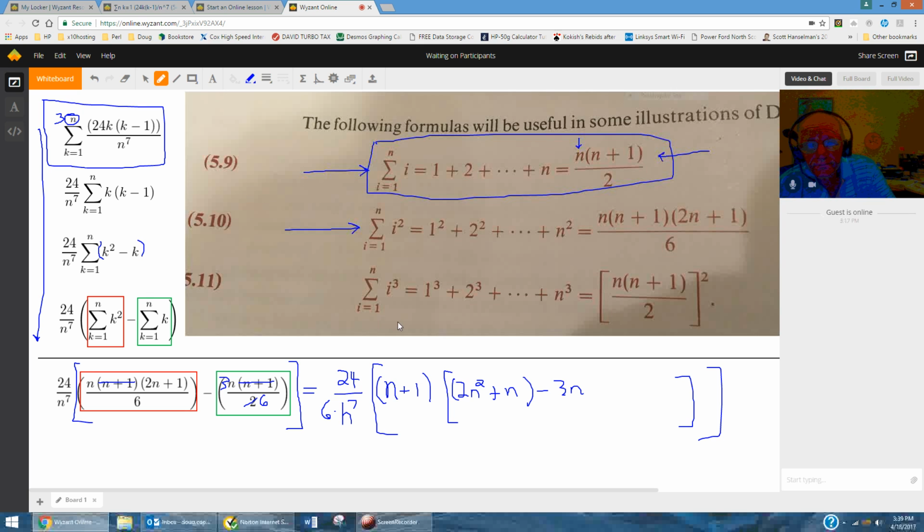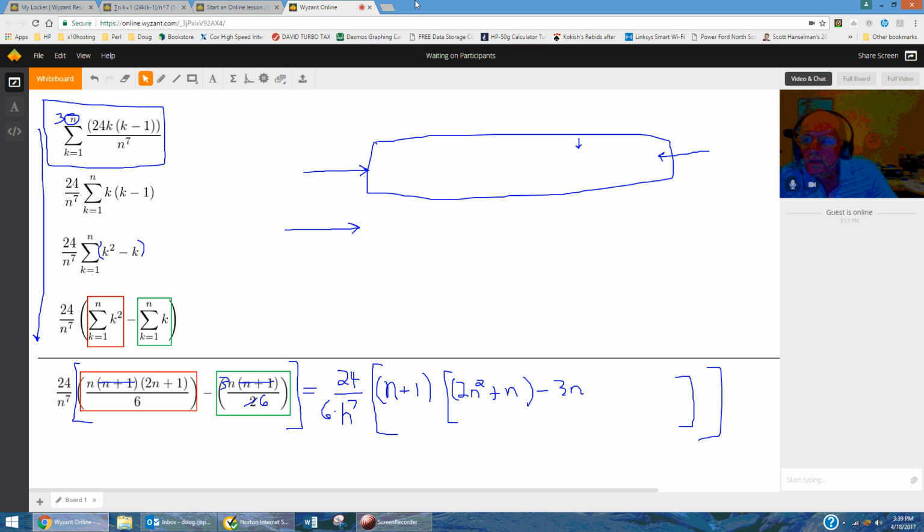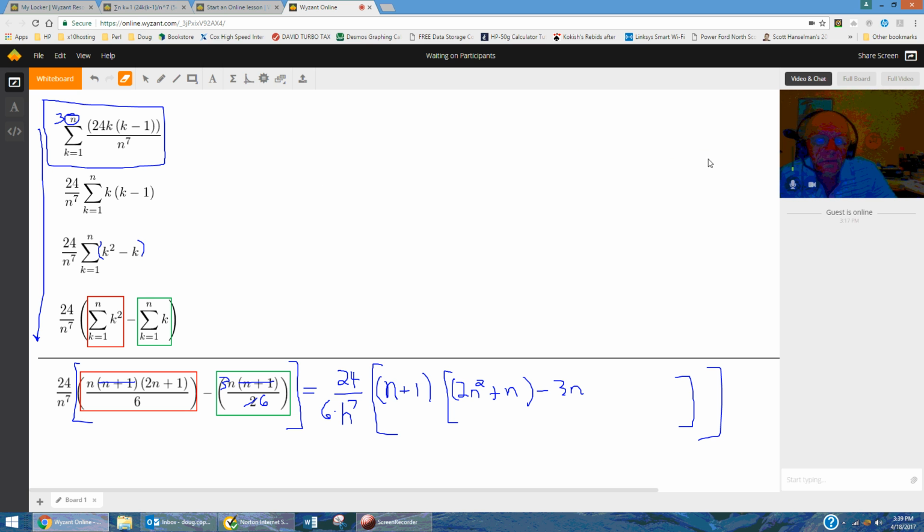And now I'm going to remove this formula so that I have some room up on top. Let's get rid of this. And let's see what we can do.